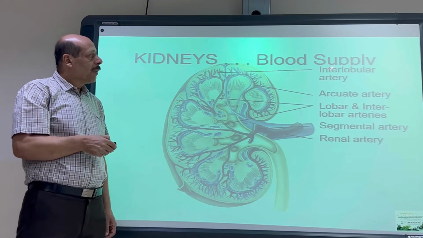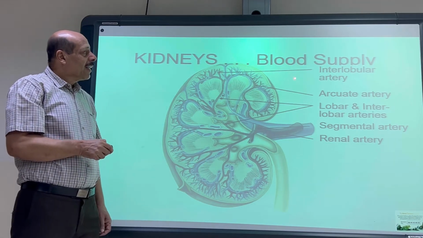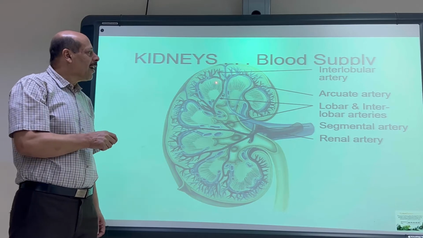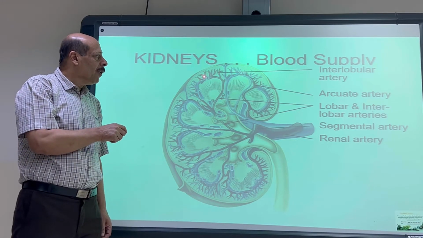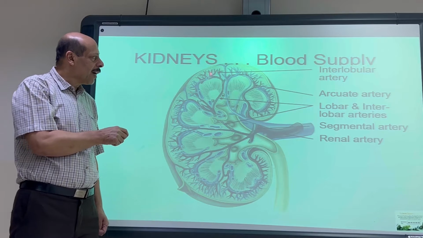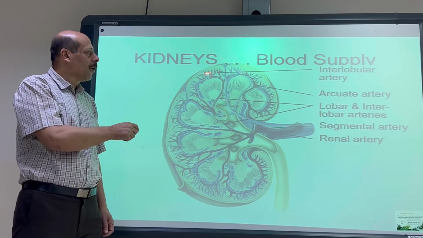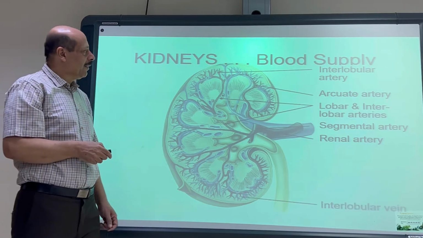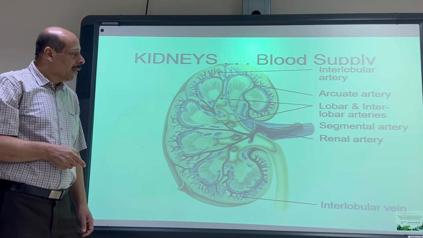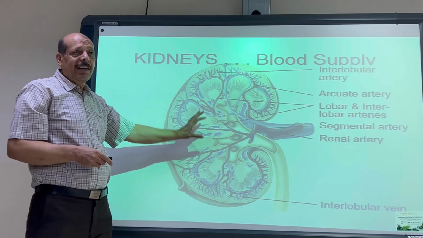And there is the interlobular artery. Those are fine arteries that come in between, in the cortex of the kidney. So this is the arterial blood supply.